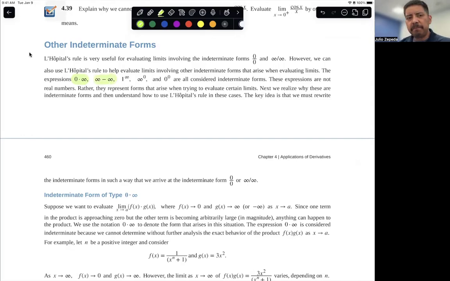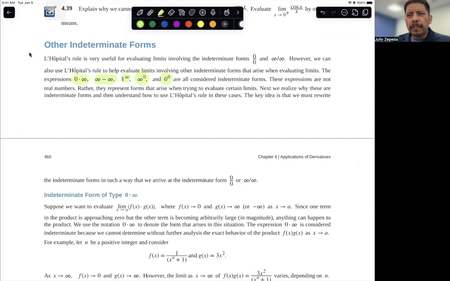Infinity minus infinity, again, also depends on which one of these is approaching infinity faster. So infinity minus infinity won't always produce an answer of 0 if the first infinity is something that's growing infinitely large faster than the one being subtracted. 1 raised to the infinity, infinity to the 0, and 0 to the 0 are also considered indeterminate forms.